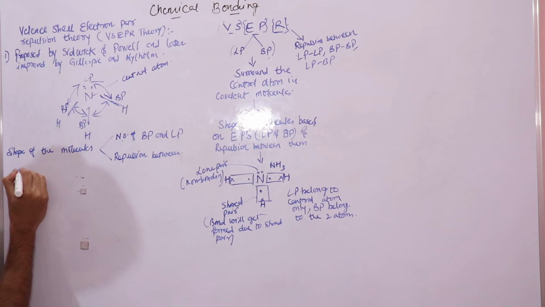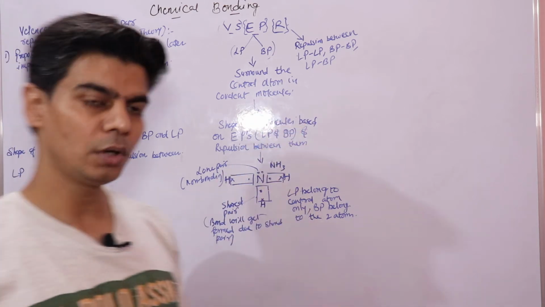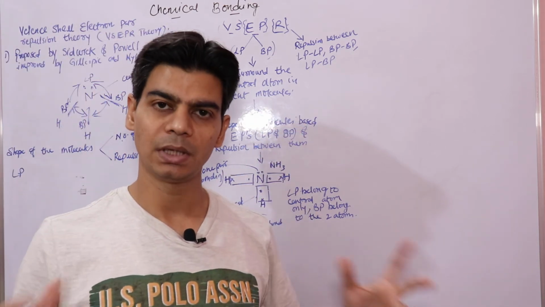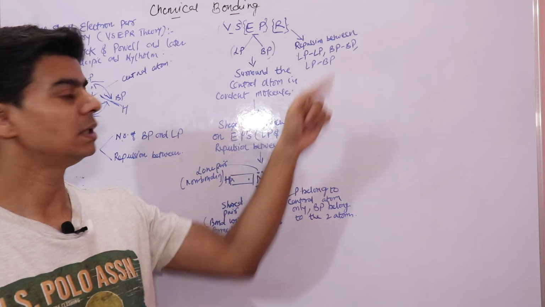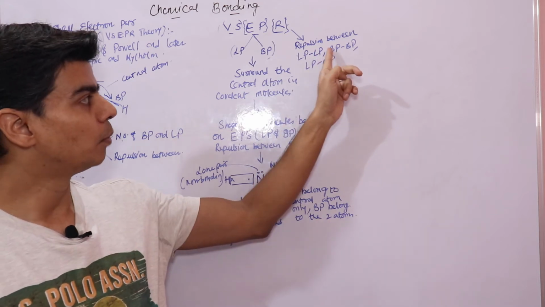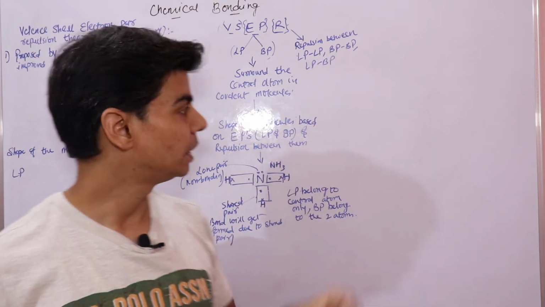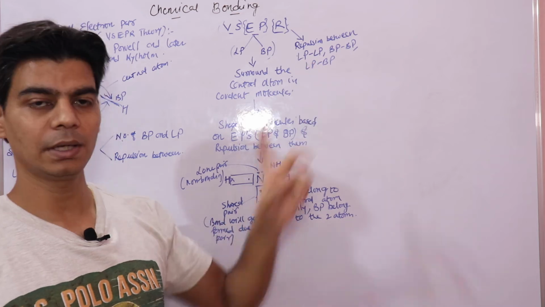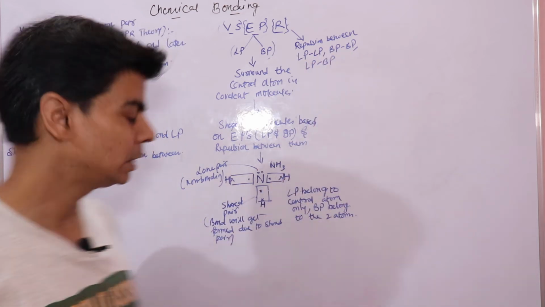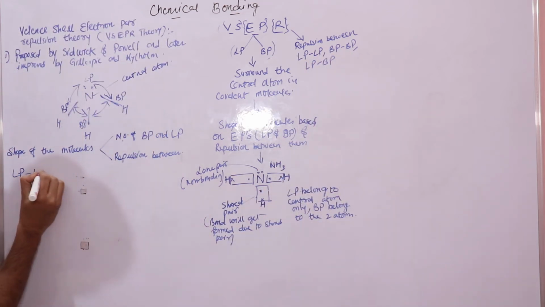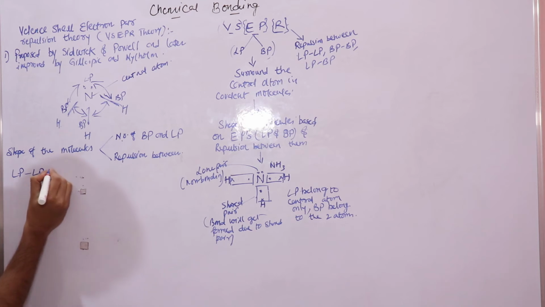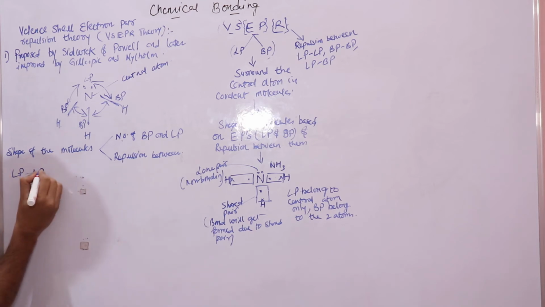So here the force of repulsion between lone pairs is maximum, and repulsion between bond pairs is minimum, right? And between lone pair and bond pair is in between these two. So the force of repulsion between lone pairs is maximum.